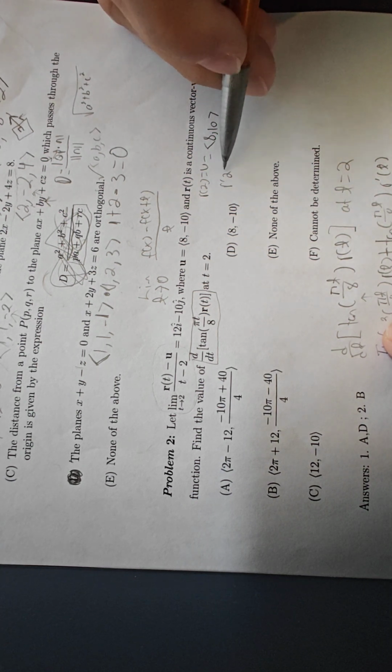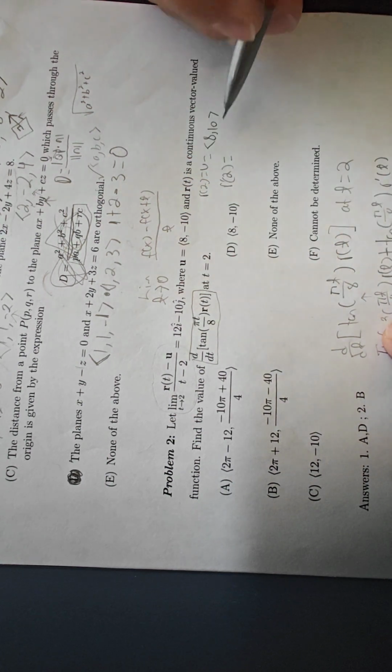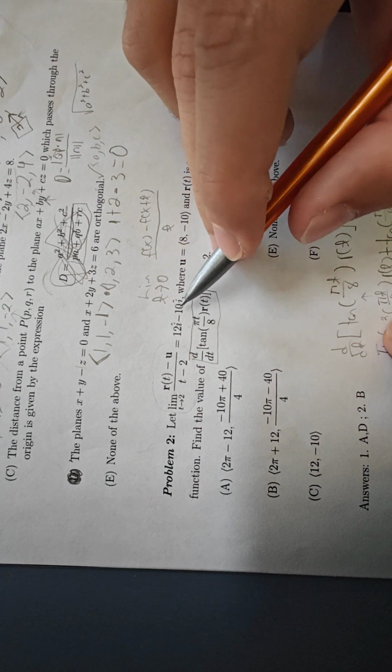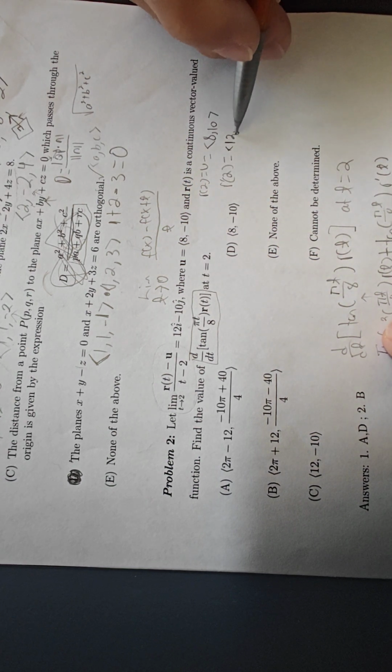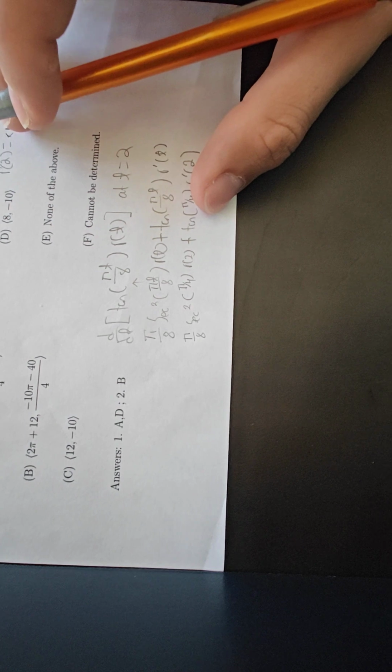And r prime of 2 is equal to the answer of this, which is 12i minus 10j, which, if you recall our ijk rules, can be written as 12, negative 10. Knowing this, we could plug that information down to here.